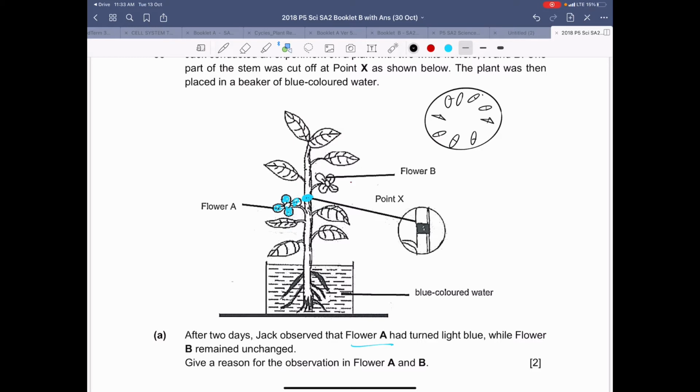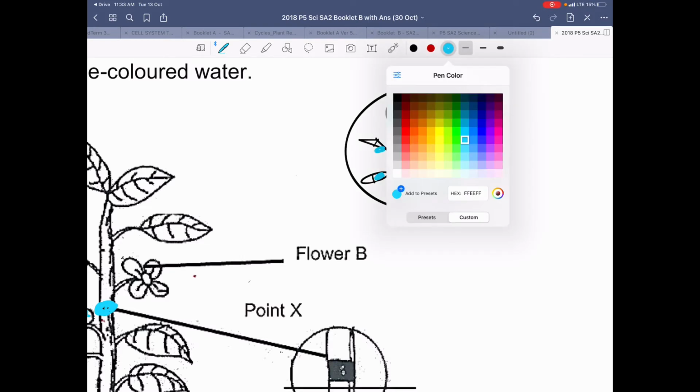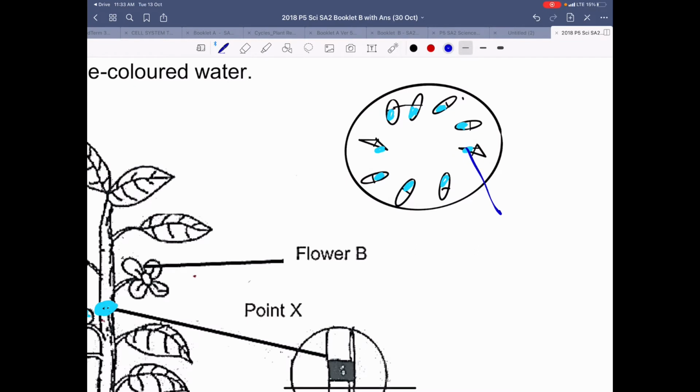Now there are two so-called two rings. Now the first ring, the inner ring, okay, this over here is known as your xylem or your water carrying tubes.